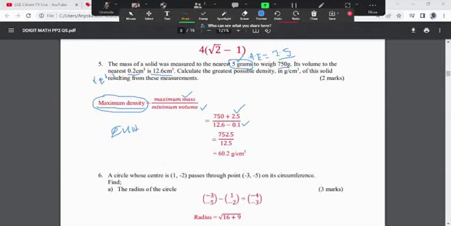And this one gives us 752.5 over 12.5, which gives us a density of 60.2. So take note, to find maximum quotient, we need the maximum value as the dividend, and we need the minimum value as the divisor.